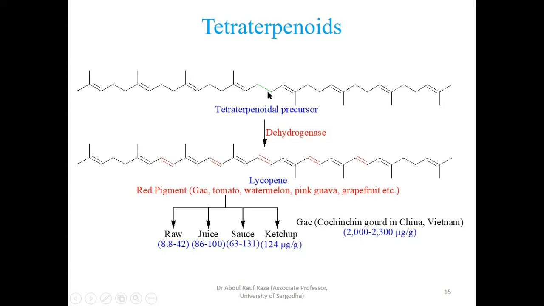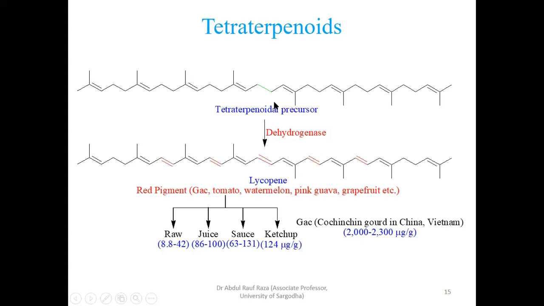Now, you see there are 1, 2, 3, 4, 5, 6 double bonds, but we get 1, 2, 3, 4, 5 new bonds that I have presented in red. Now in total, you see 1, 2, 3, 4, 5, 6, 7, 8, 9, 10, 11 double bonds are in conjugation.